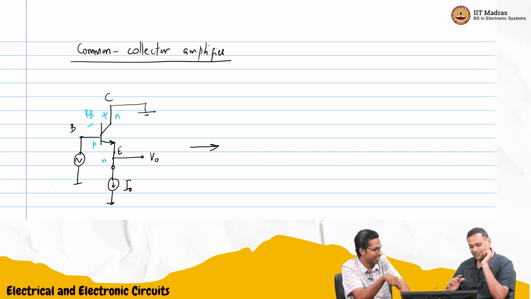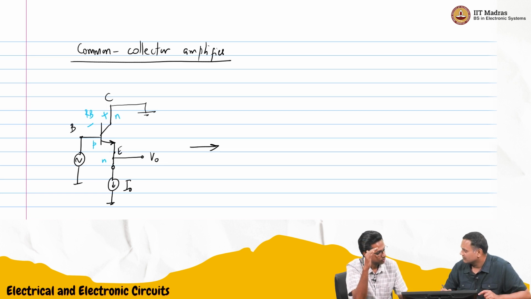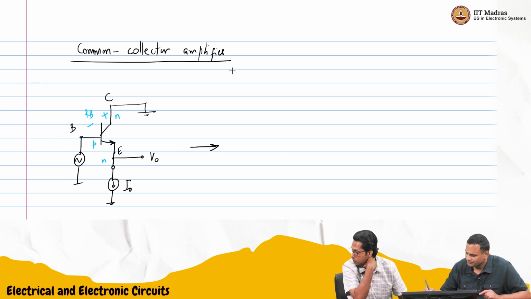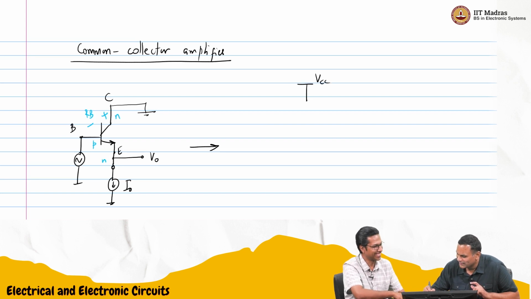Ground is not an option, because the minute you apply a signal here, it will get forward biased. We don't want that. So we will connect it to some high voltage, maybe VCC. That's the highest voltage we have.